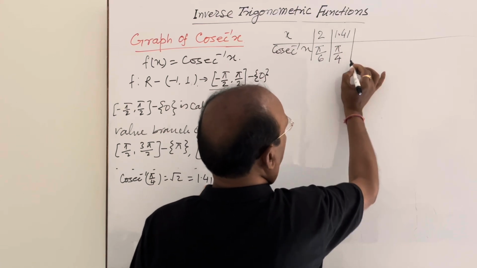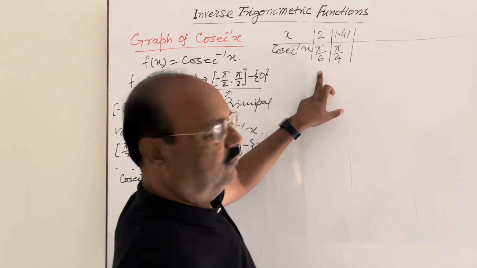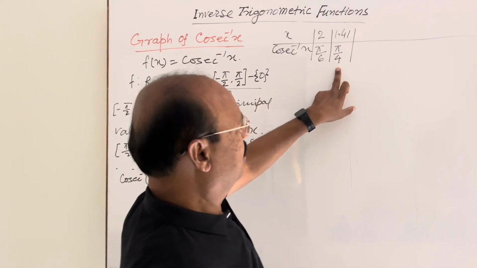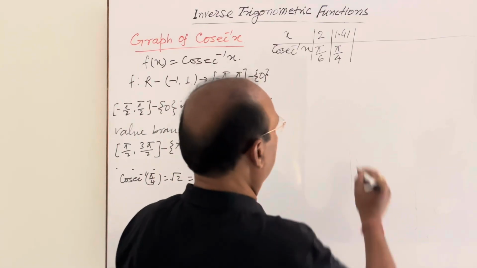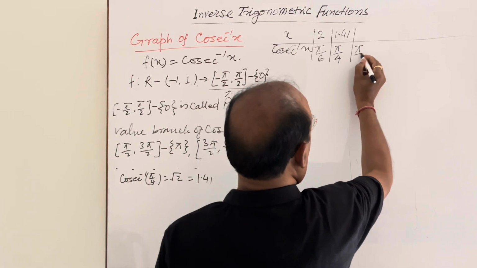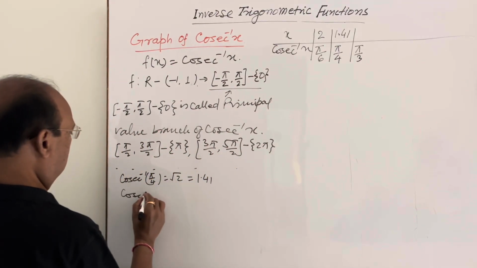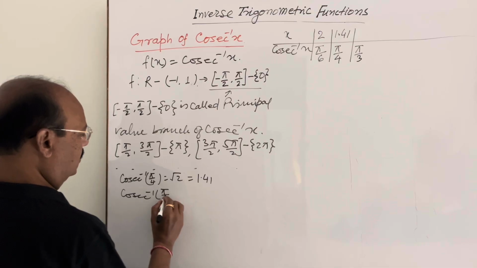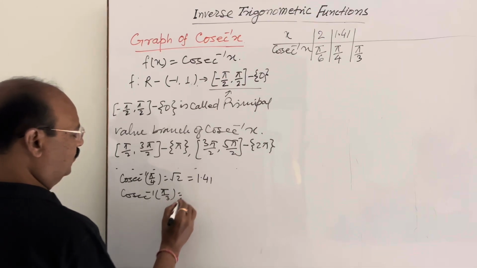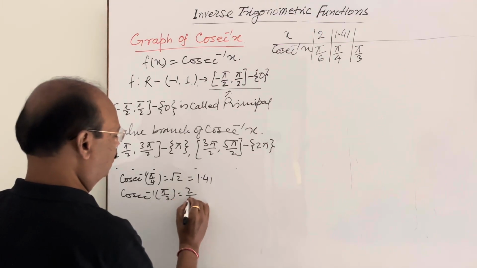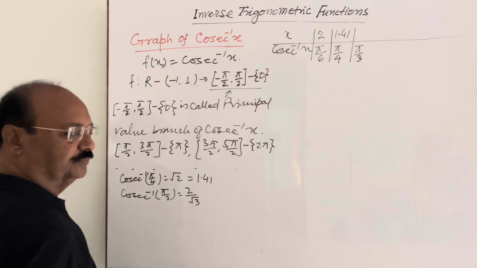This is 30 degree, this is 45 degree. Now we will take 60 degree, that is pi by 3. So cosec of pi by 3 is equal to 2 by root 3.